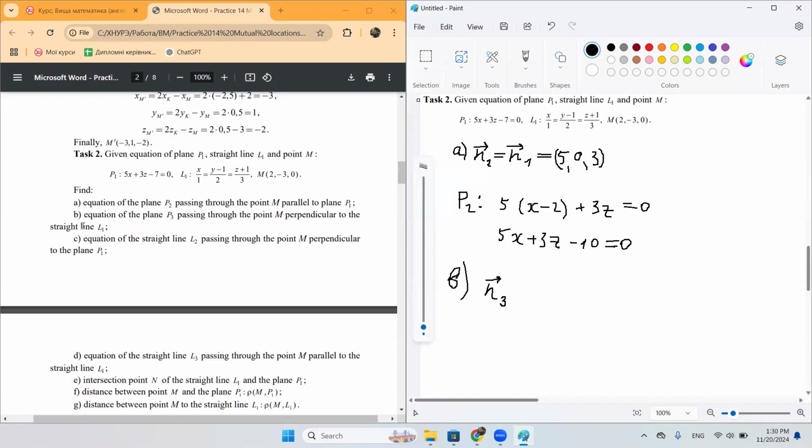As it is perpendicular to the straight line L1, it matches its direction vector and has coordinates 1, 2, and 3. So let's write the equation.